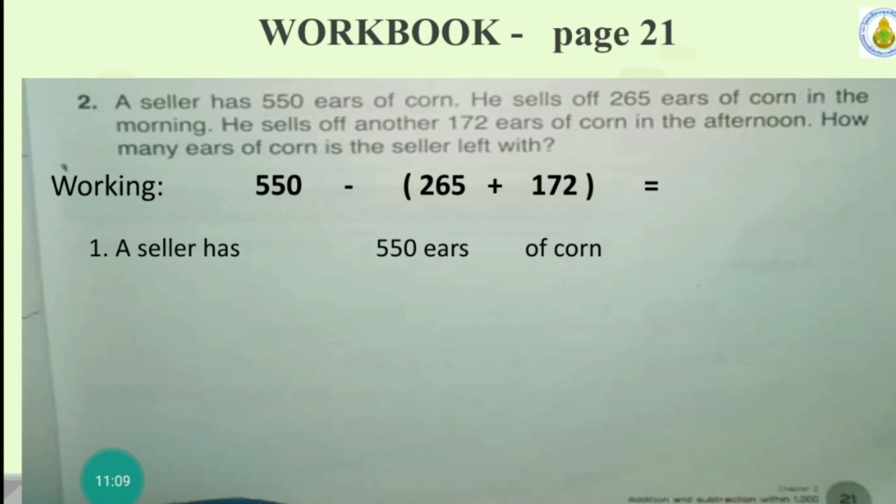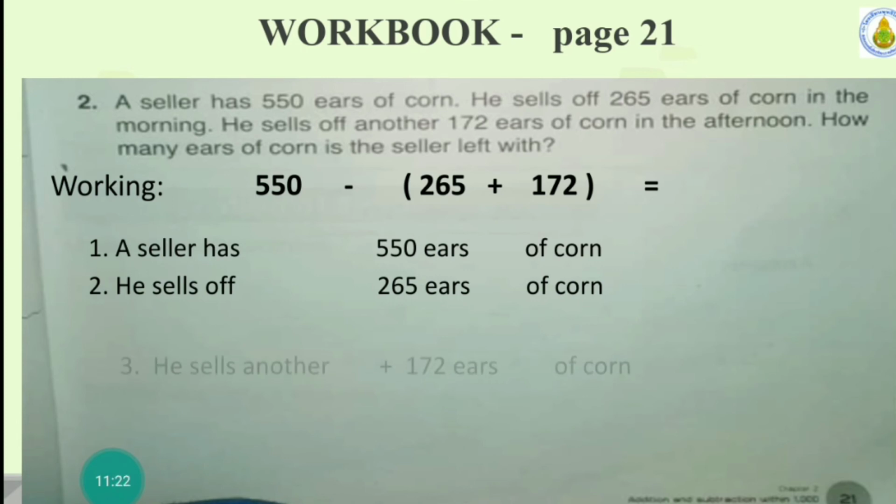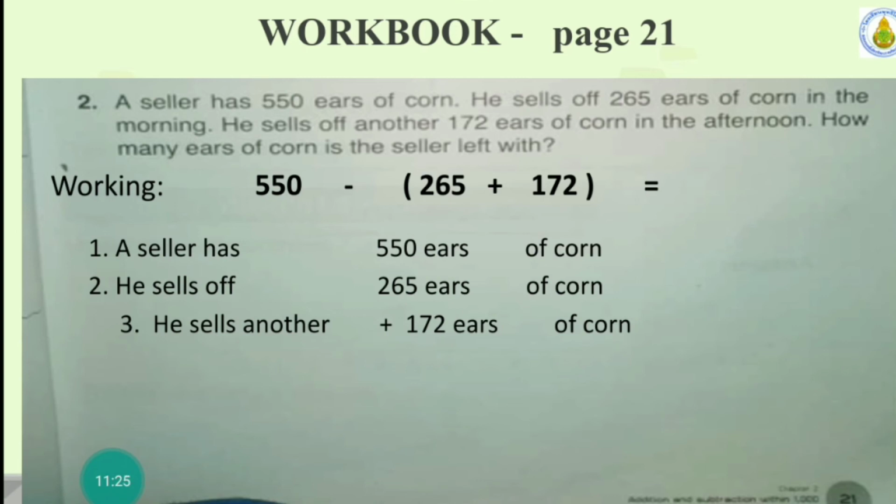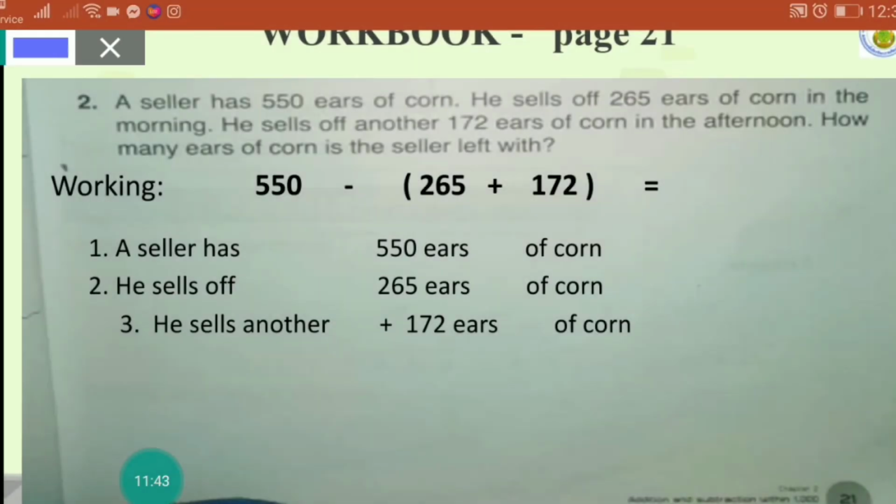And then we're going to write here, a seller has 550 ears of corn. He sells off 265 ears of corn. He sells another 172 ears of corn. We wrote down the sentences, but we need to answer first our numbers inside the parentheses.